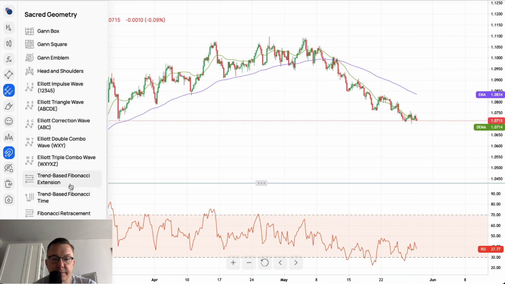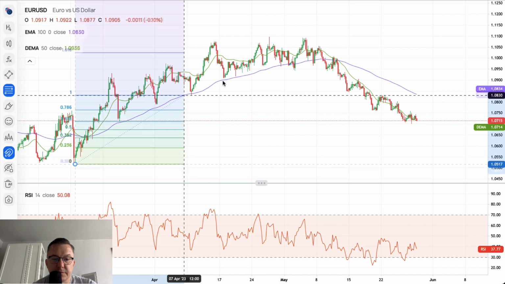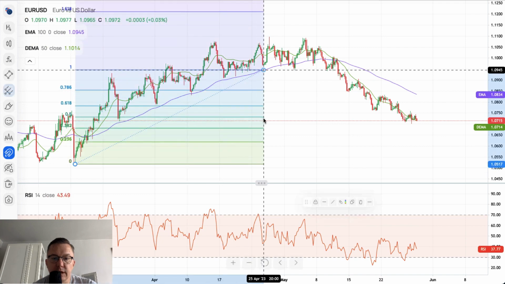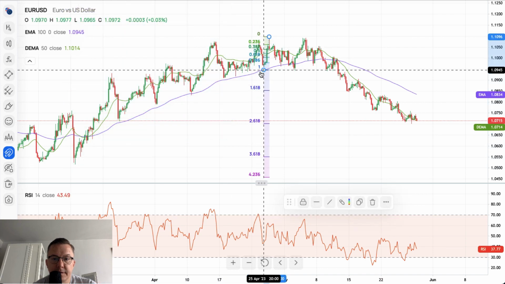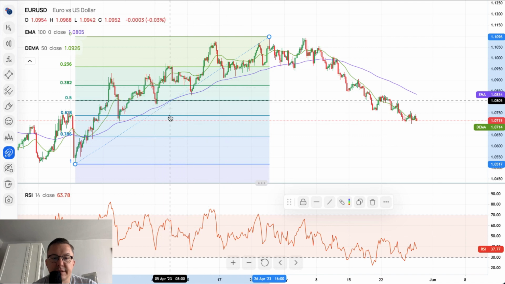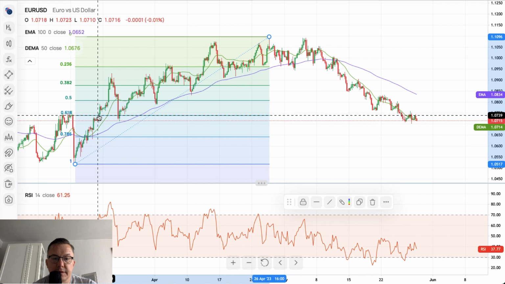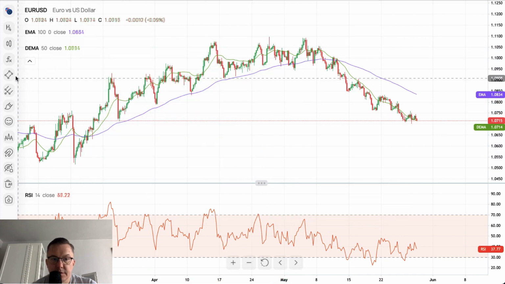If we take the Fibonacci retracement tool and place it from the high to the low, you can easily see that 61% was here, at this level 1.0739, and this level is violated by 30 pips. So we went lower than 61%.